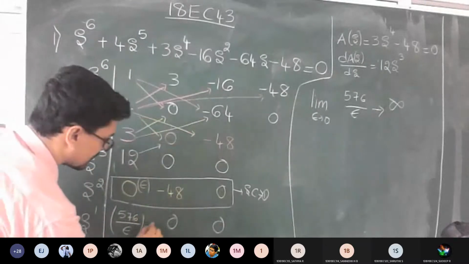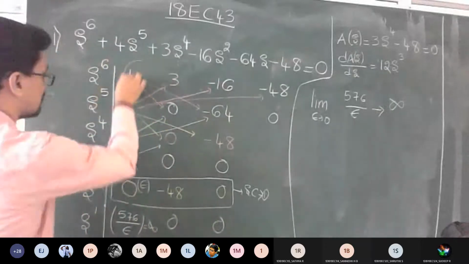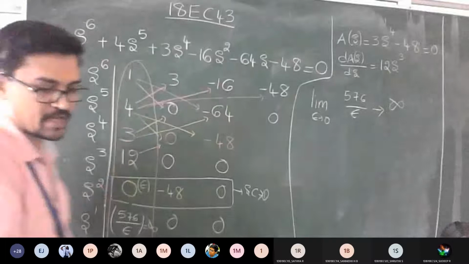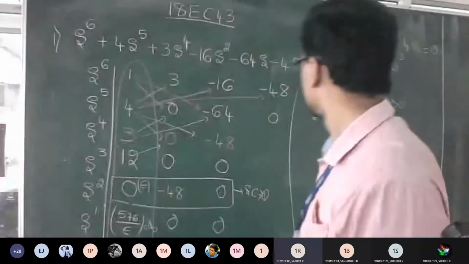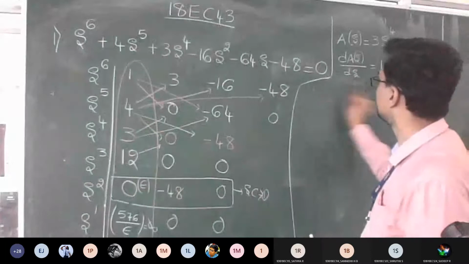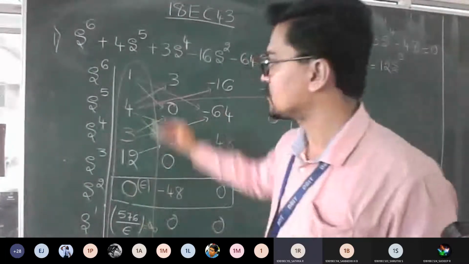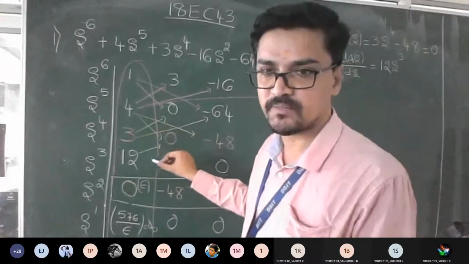So now this answer you got as infinity. What are you supposed to do now? Check out the first column. Do you have any sign change? How many sign changes can you find, guys? One, sir. That is the procedure to check stability, right?